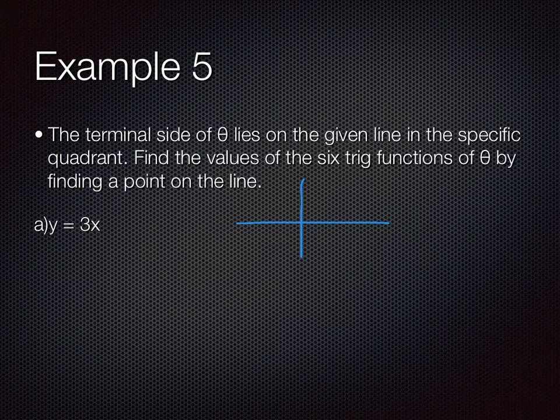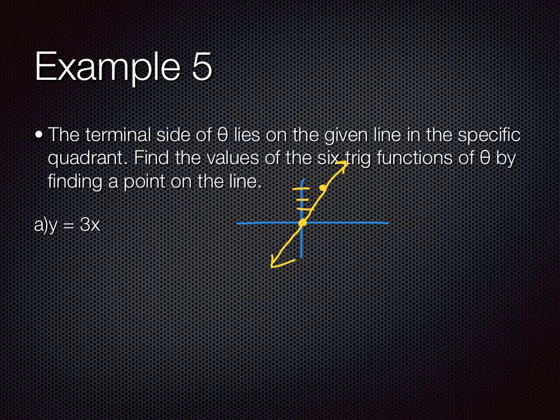What's my y-intercept? 0, so I'd start at 0. And my slope? Up 3. Up 3, 1, 2, 3 over 1. So I'd have a line that looks like this.